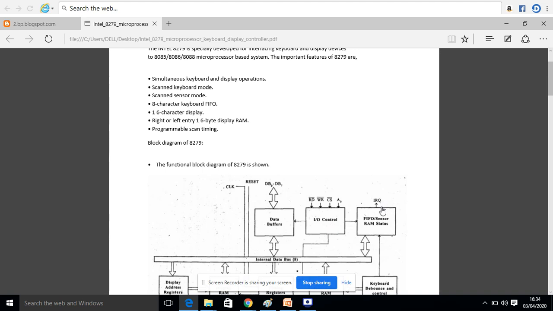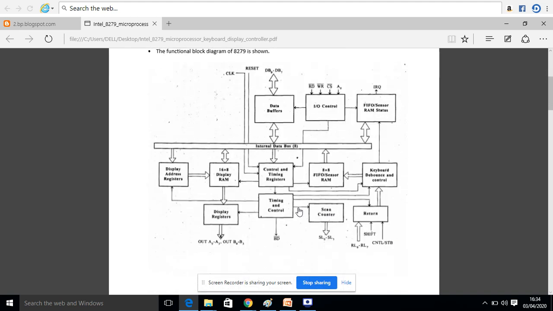This is the interrupt request register. Any device that wants to communicate with the microprocessor will go through this interrupt request signal, and this whole portion is used for connection of the microprocessor.